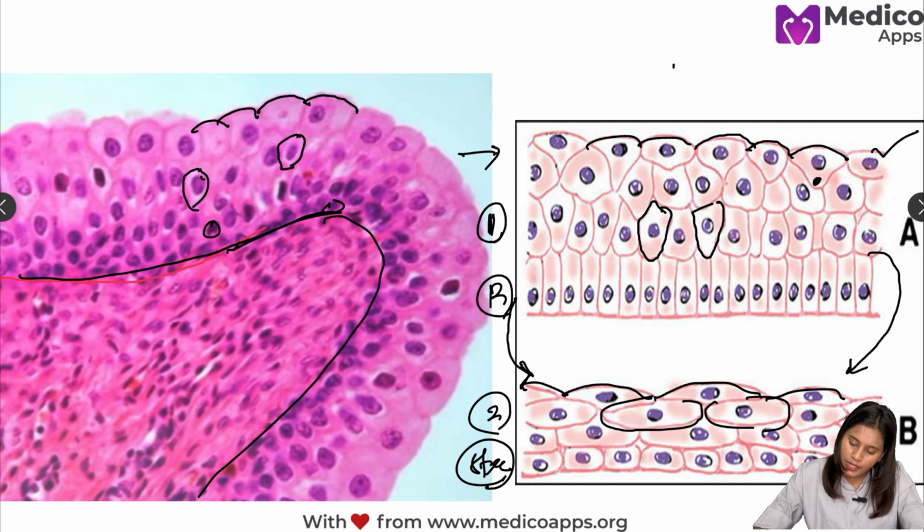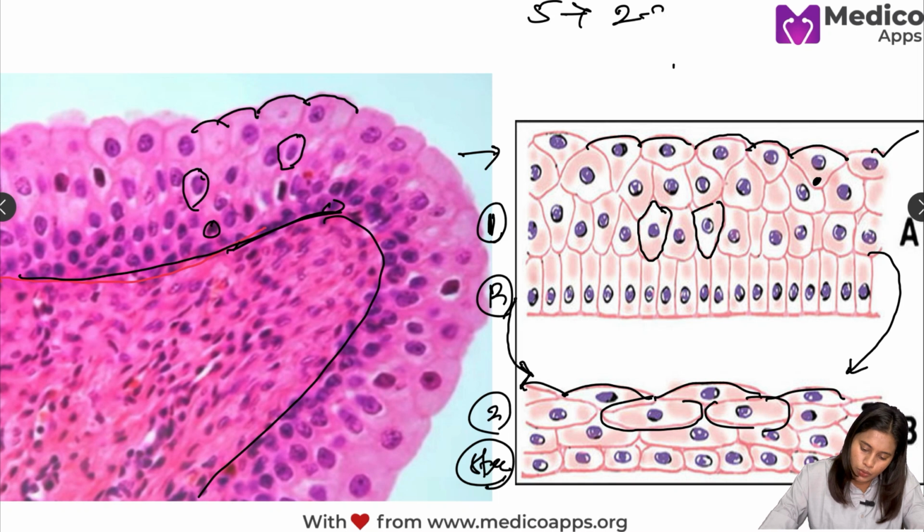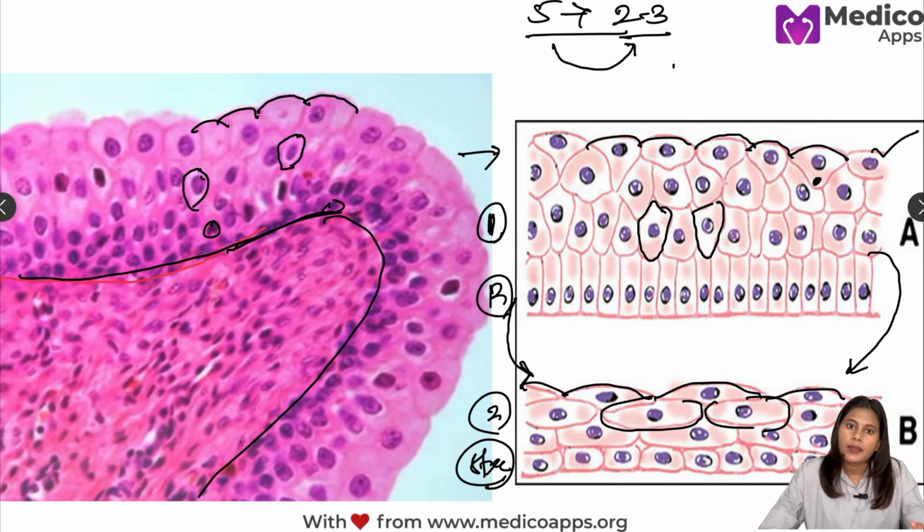So they show a transition from 5 layers to 2 to 3 layers, and that's why this epithelium is called transitional epithelium. These specific features are only present in the transitional epithelium, which transits from 5 layers to 2 to 3 layers when the bladder or the ureter is stretched, when they are full of urine.